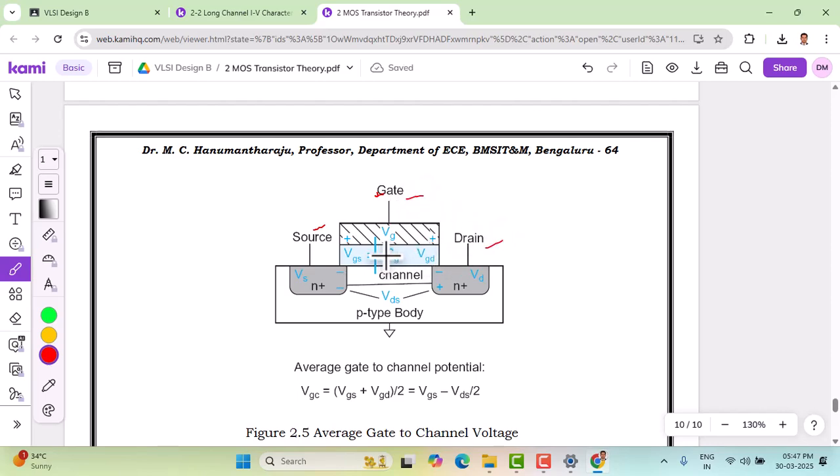Cg is the gate capacitance, shown with the capacitor symbol here. VG is the voltage at the gate, and VDS is the voltage between the drain and source. In this way, all these terms with the formulas can be presented on the MOSFET also.